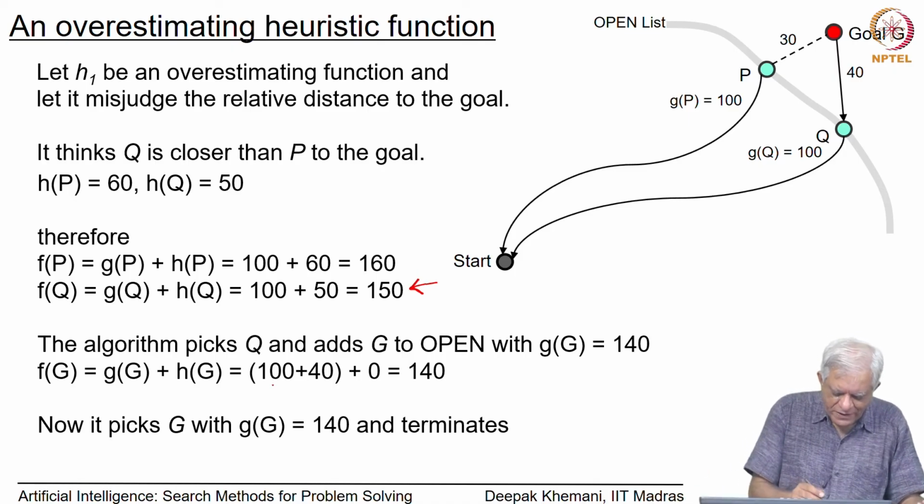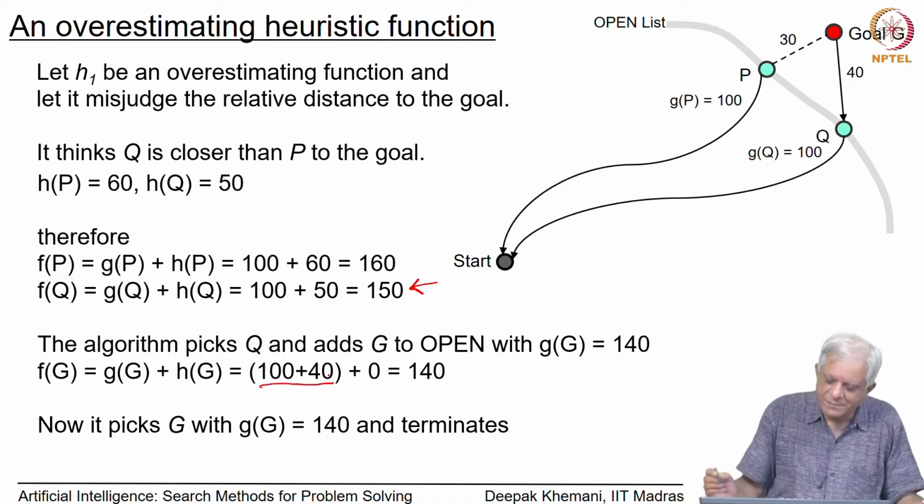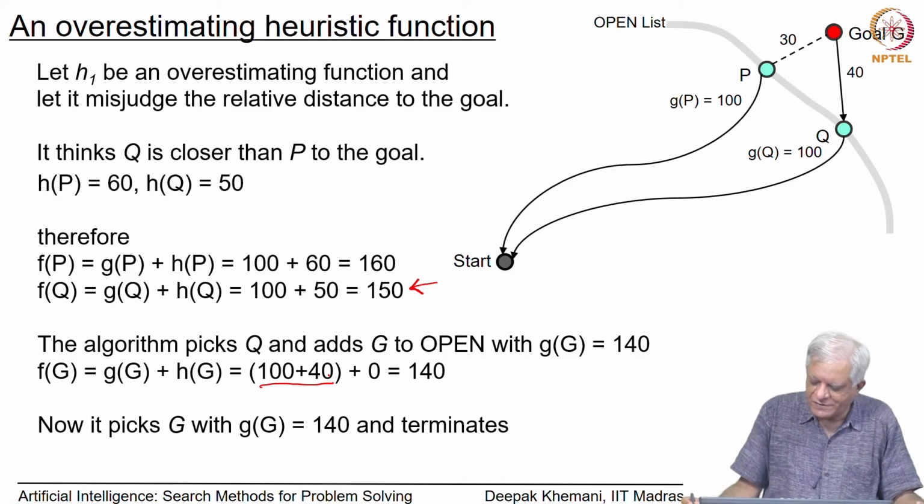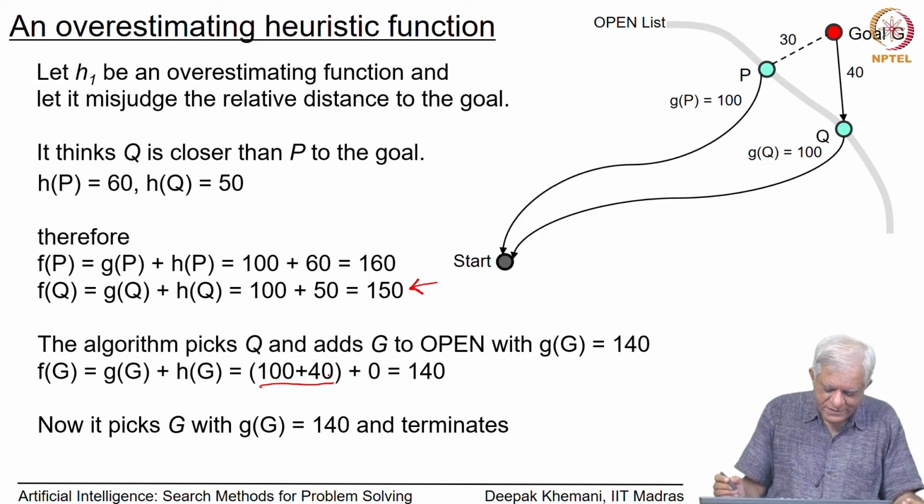The g value, as we have just observed, is 100 plus 40, because that is the actual value of the path found to the goal. The h value is 0, because you are already at the goal, and by definition the estimated distance is 0. So, the f value of G is 140.